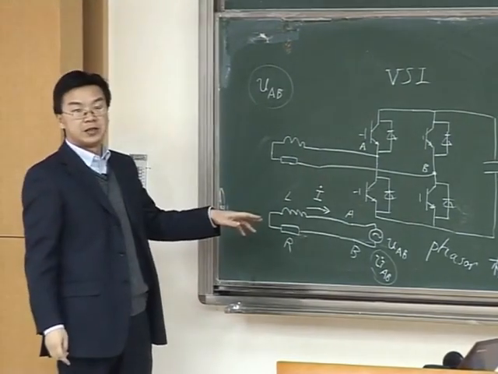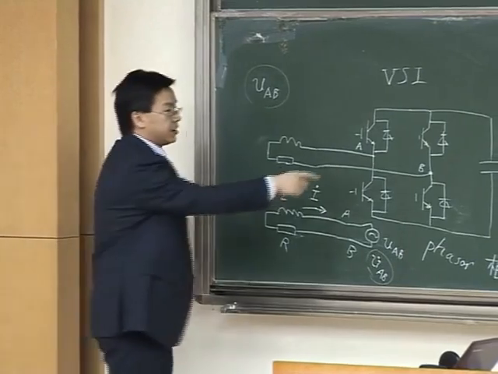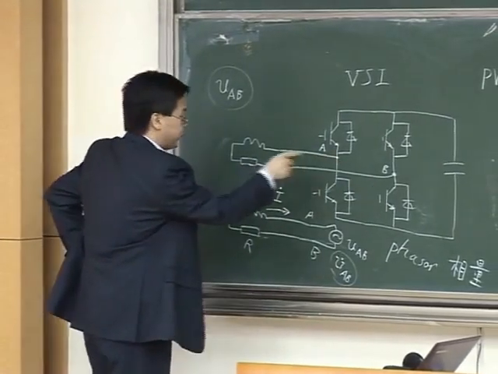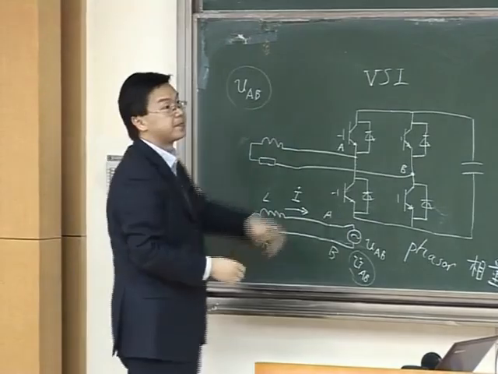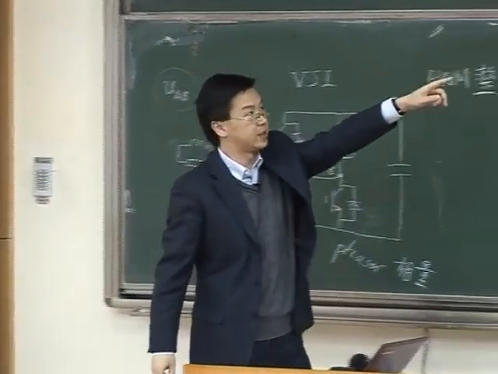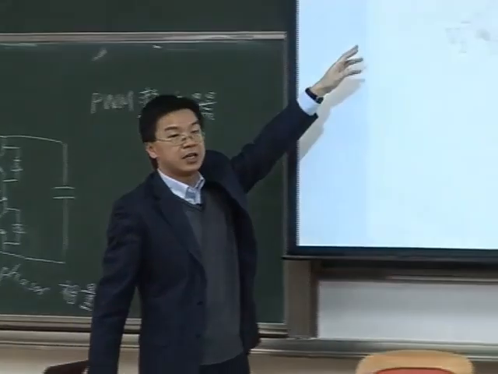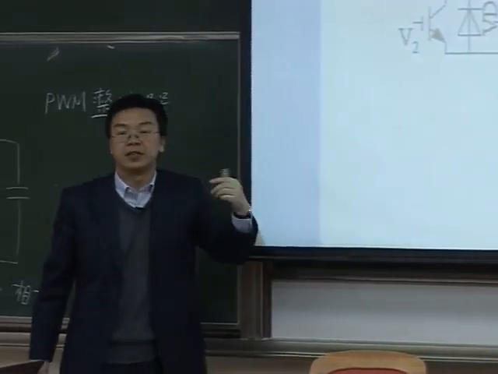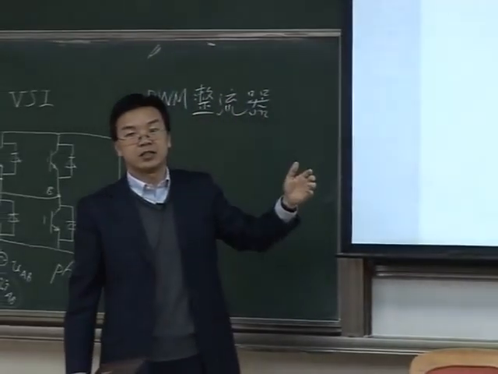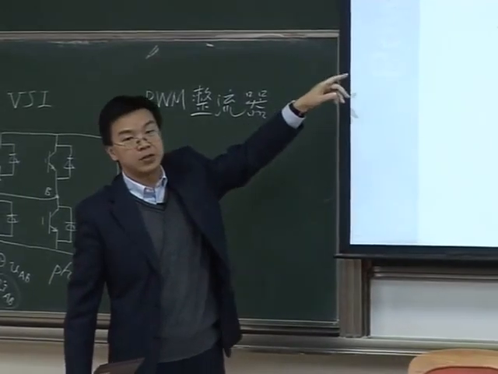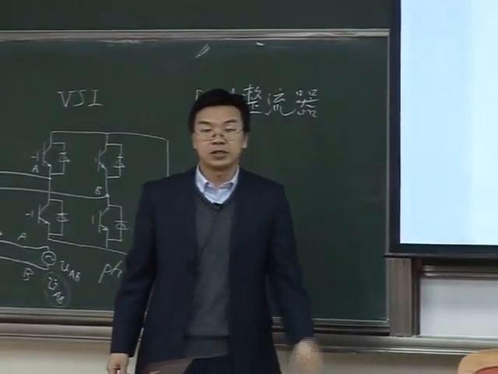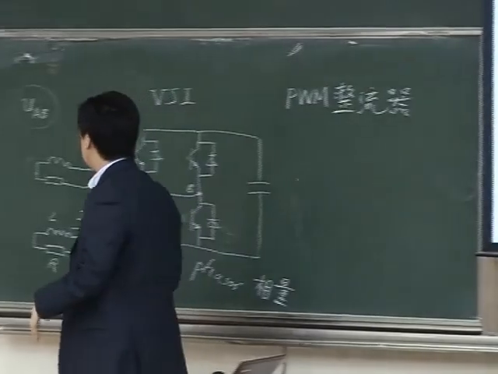This is one case. But very often, this voltage source inverter can also be connected to this kind of AC side. In the AC side, you not only have inductance, reactance, but most importantly, you have an AC source. That is the AC grid, the grid voltage.